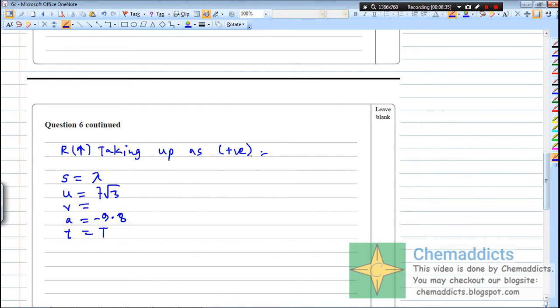So here, since we are considering the vertical direction, we're going to choose only the vertical components of each quantity. The vertical component of the displacement, the vertical component of the initial velocity, and of the acceleration.